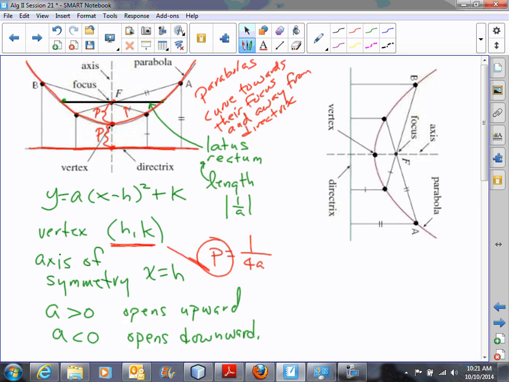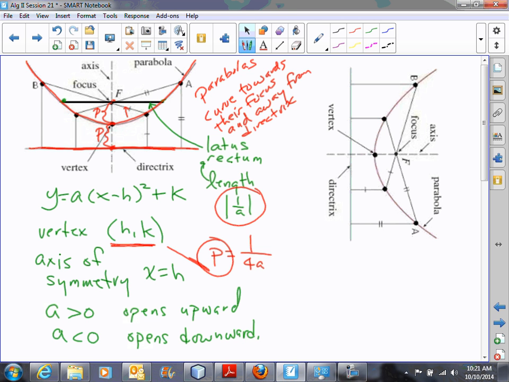So with that information, you should be able to build an equation for a parabola if you're given information about the vertex and p, or if they give you the length of the latus rectum, realize that you can use this formula to find what p is and then use that and so forth.